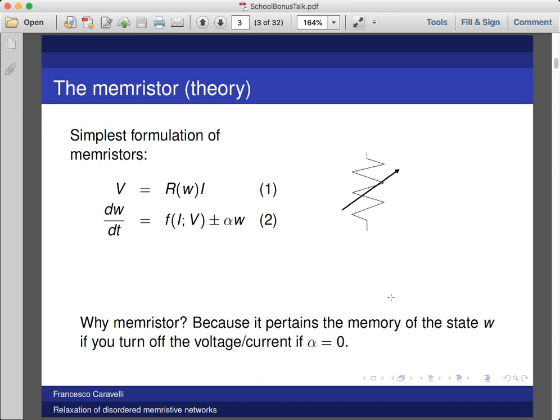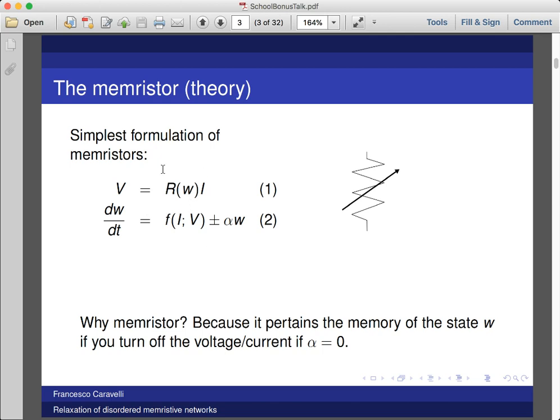From the point of view of how you describe these components, in principle, they're not too hard to model. You are going to have an equation like the one in equation 1, which is basically the voltage is going to be proportional to the current, I. And you're going to have a proportionality constant, which here is called R of W, where now W is a parameter or several parameters that in practice depend on time.